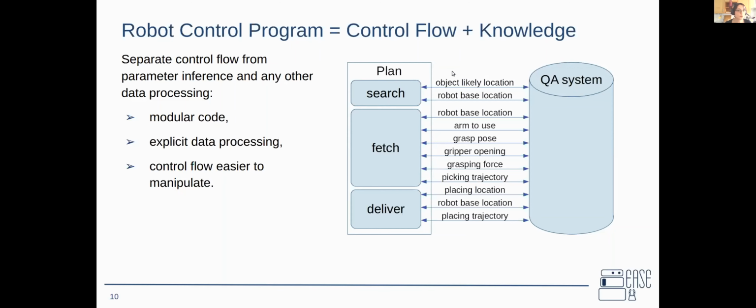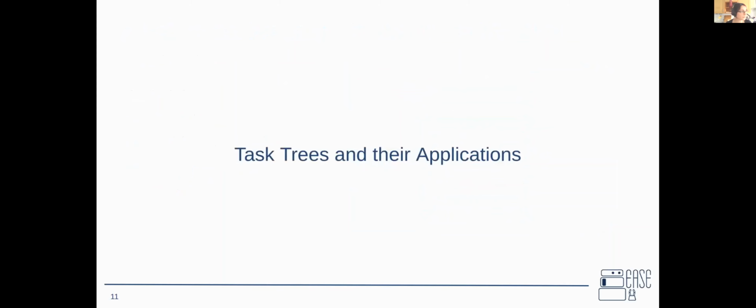So you see all the information, all the data that the robot needs, and which parameter values it got. In addition, your plan gets really slim. It only contains the steps of the actions and what to do if a failure happens, so the failure handling strategy steps, and it makes manipulating the plan easier if you want to optimize the plan, for example. And I will give an example in a second.